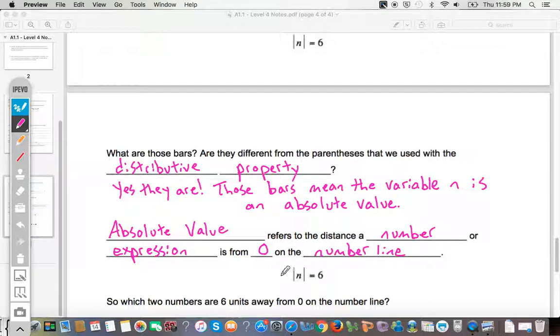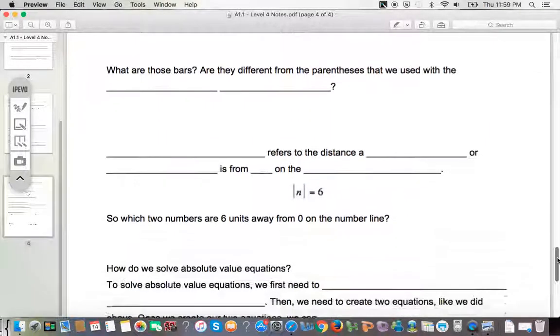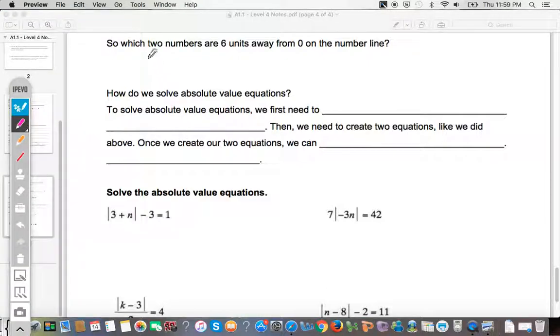So again, I have my example down here. Pause if you need to write this down. So which two numbers are 6 units away from 0 on the number line? That's basically what our equation is telling us.